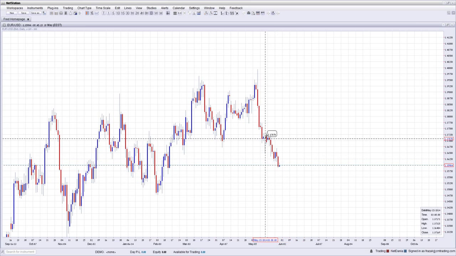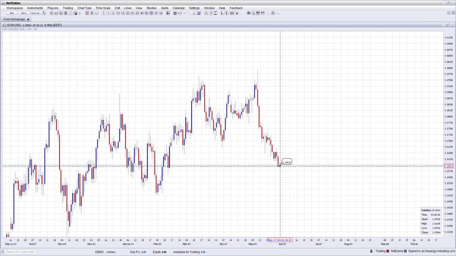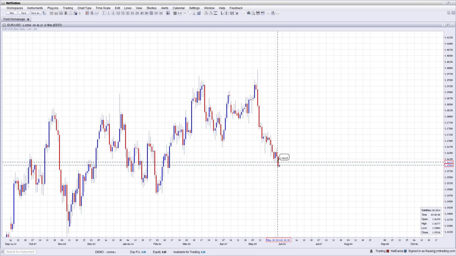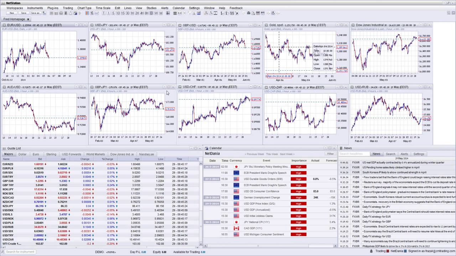So I would keep this on my radar. It hasn't been trading so much; it's been trickling down without much momentum. So it's harder to trade when it's not going as quickly and it's just churning. But I would keep it on my list today.